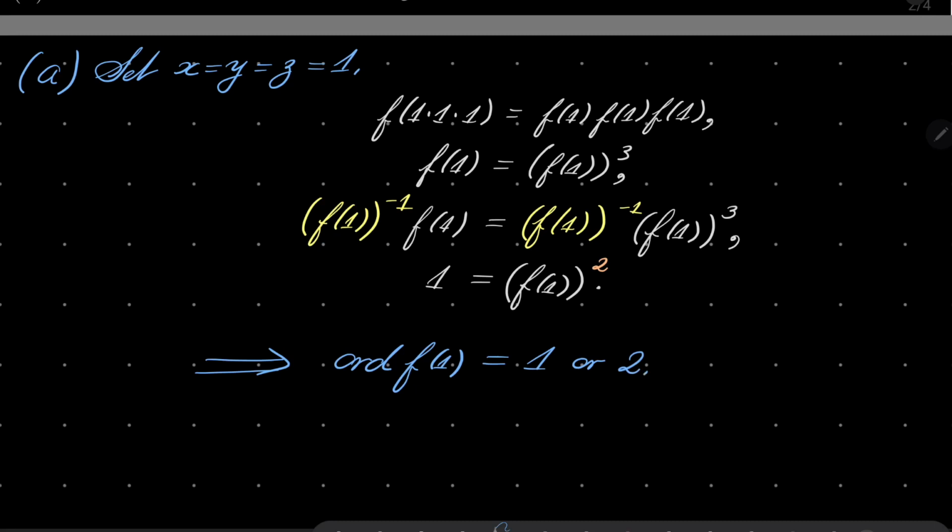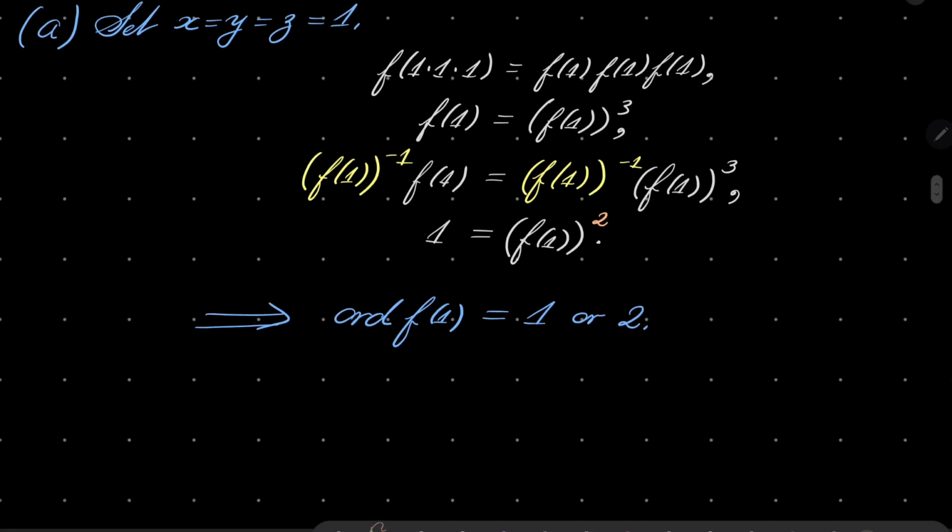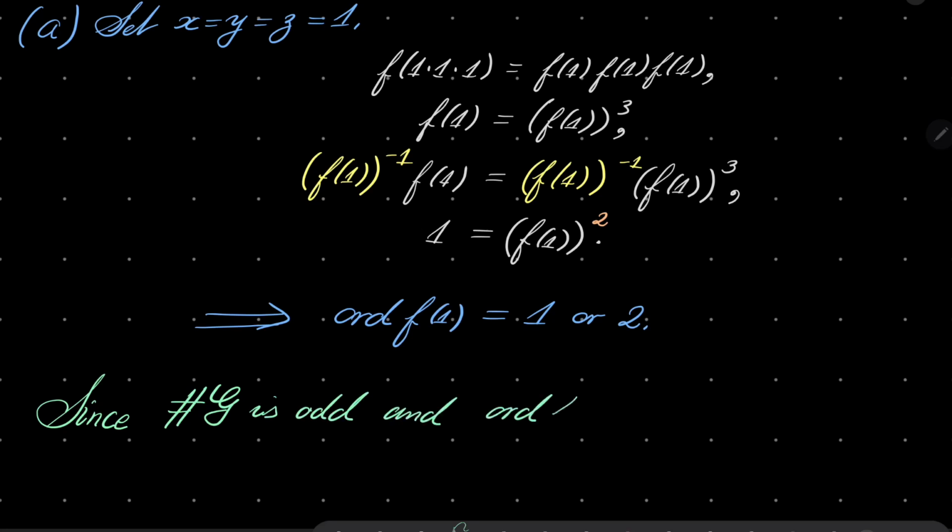1 or 2. Well, but notice that since the cardinality of G is odd, and since, well-known fact, the order of any element is a divisor of the cardinality of the whole group, it cannot be 2, because 2 does not divide any odd number.